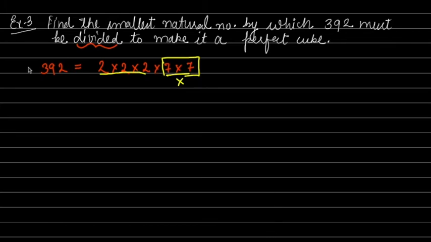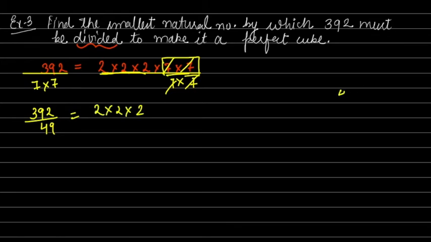So what we will do, we will divide both sides by 7 into 7, so that this is cancelled. So how much are you getting here? 392 by 49 is equal to 2 into 2 into 2. If you divide, 49 into 8 is 392. So it is going 8 times, and you see the perfect cube is 8.